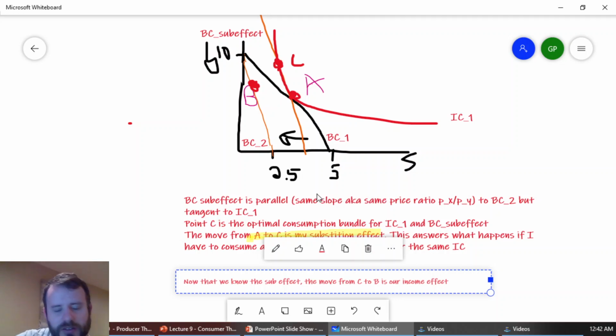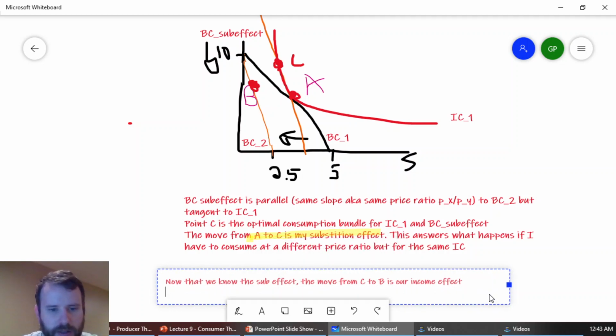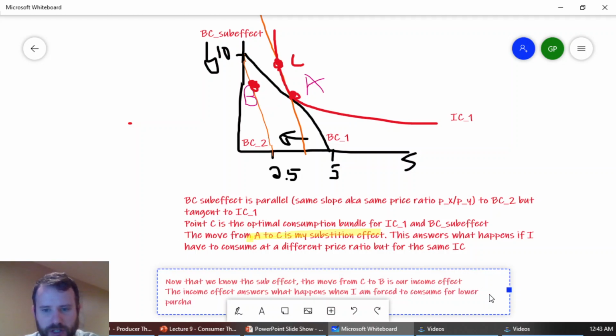So basically, the income effect answers what happens when I am forced to consume with lower purchasing power.